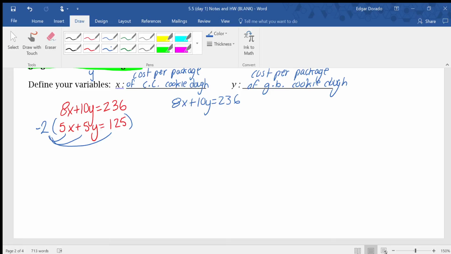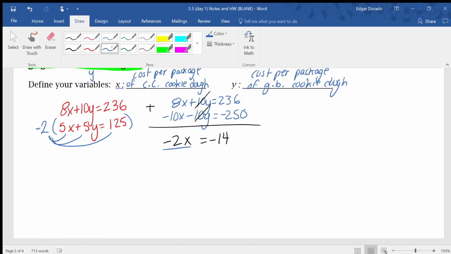My bottom equation now becomes negative 10x minus 10y equals a negative 250. I can add these now. 8x plus a negative 10x is a negative 2x. These two cancel. And then 236 plus a negative 250 is a negative 14.